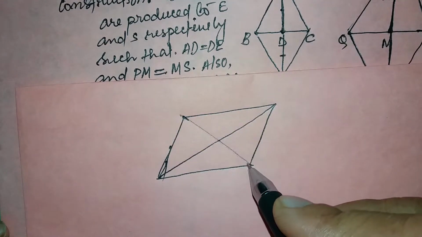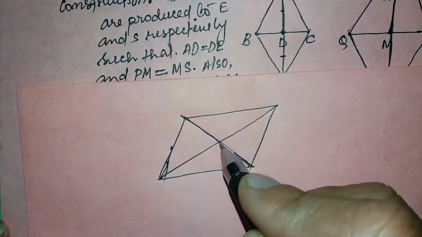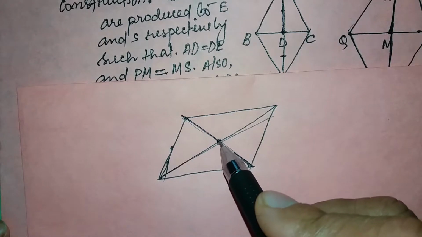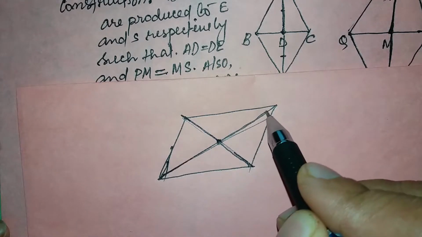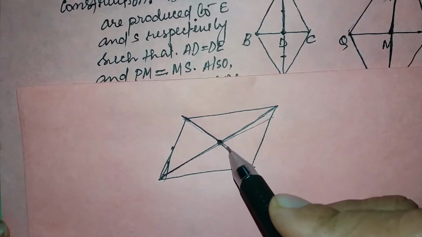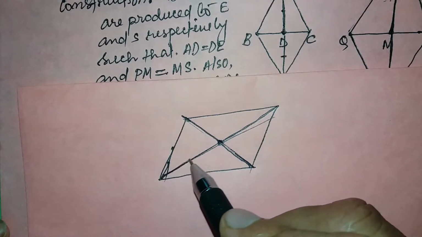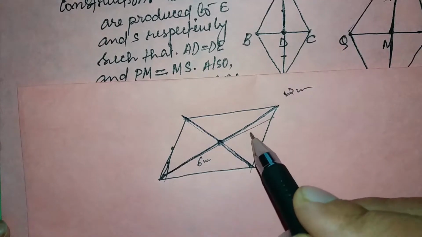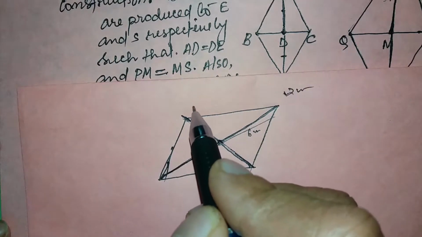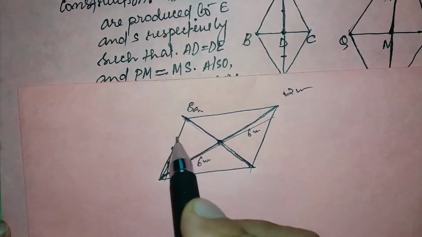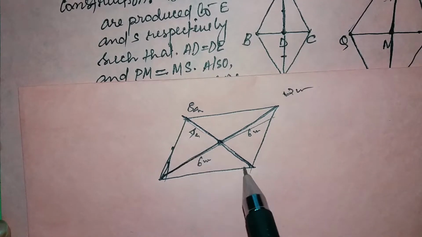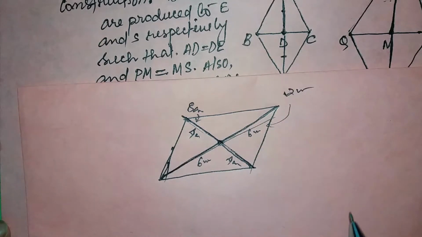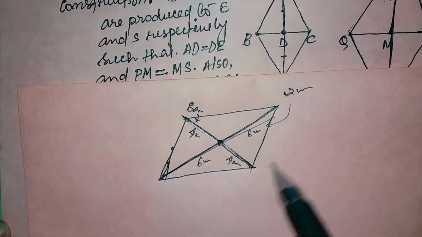These two diagonals bisect each other, which means the point of intersection of these two diagonals is the midpoint of this diagonal and also this diagonal. That means if this is 12 centimeter, then this is 6 centimeter, 6 centimeter, and if this is 8 centimeter, then this is 4 centimeter and 4 centimeter here. This is one very important property of parallelogram.